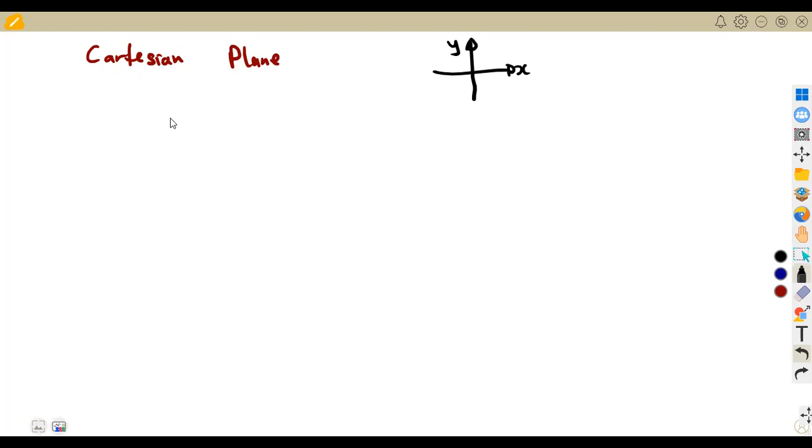But here we are going to have an extension of this Cartesian plane referring to angles and how they are going to be taken. All right, considering our syllabus, we are working with positive angles. But as you move on, you're going to be working with negative angles. So in this case, we are focusing on positive angles.